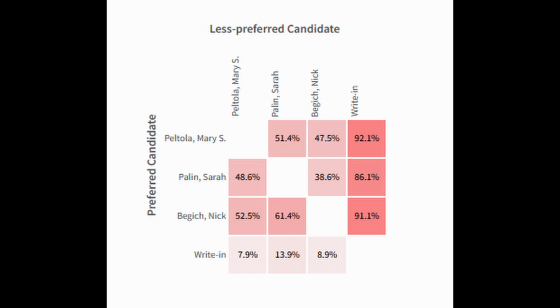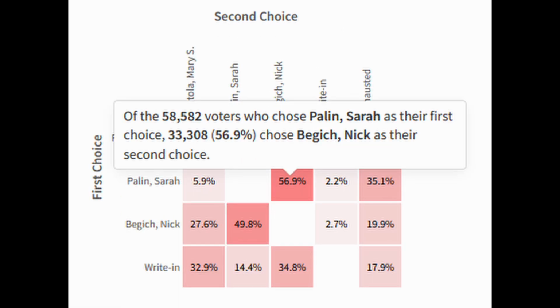He was what was called a Condorcet winner, but despite that title, he did not win the election. Had Palin voters switched to voting Begich first over Palin, they would have gotten a better result from their perspective. And we know that this would be better from their perspective because when we look at the ballot data, they favor Begich over Peltola. So a big strategy problem still exists in IRV.